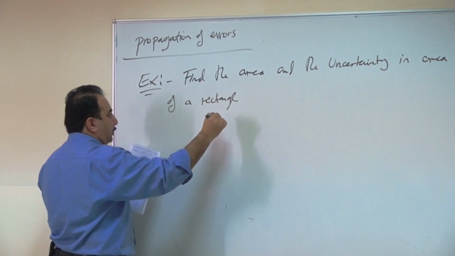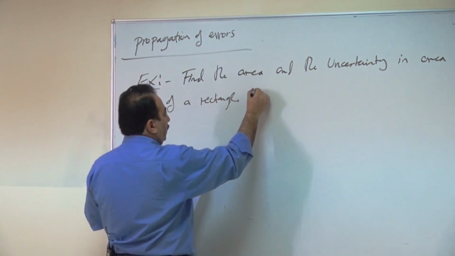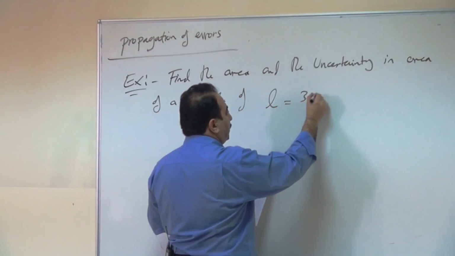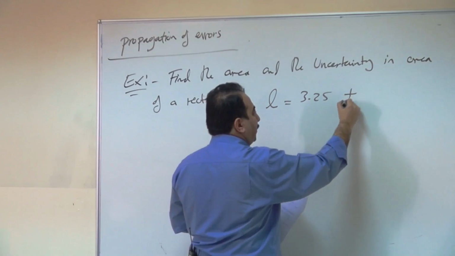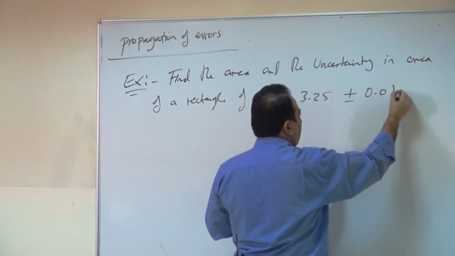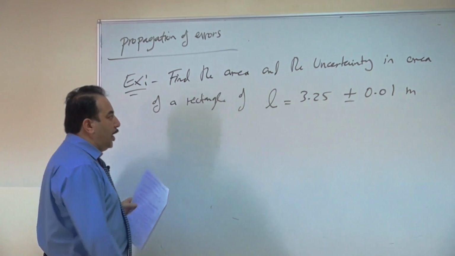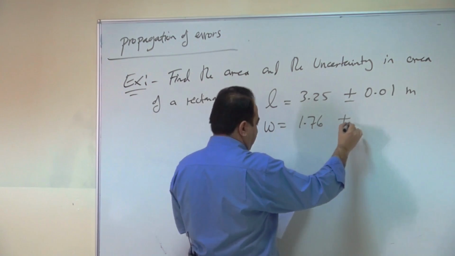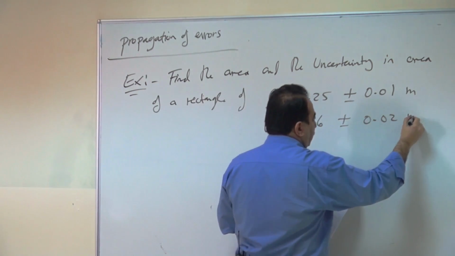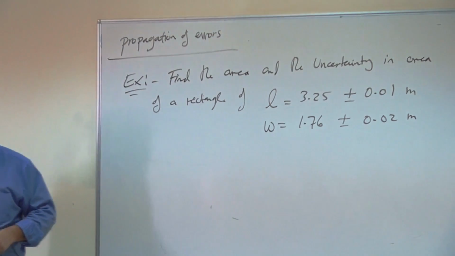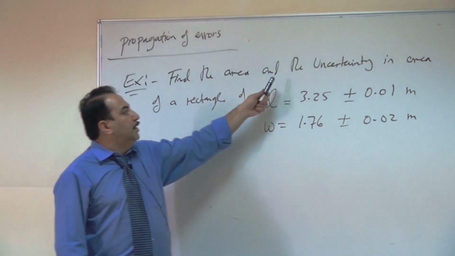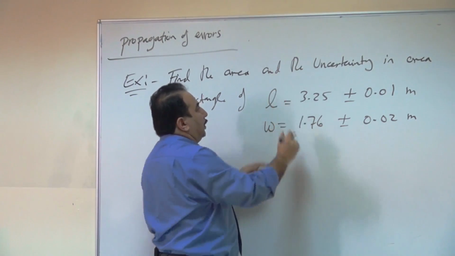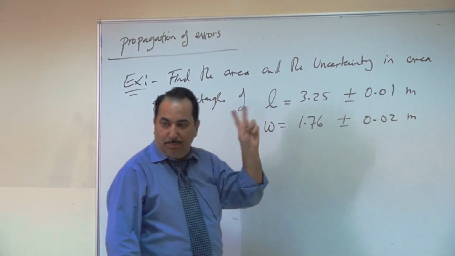The shape is a rectangle of length L. You measure the length, it's 3.25, but there is an error of plus minus 0.01 meter. And you measure the width, W, 1.76 plus minus 0.02 meter. Find the area and the uncertainty in the area. Two parts.